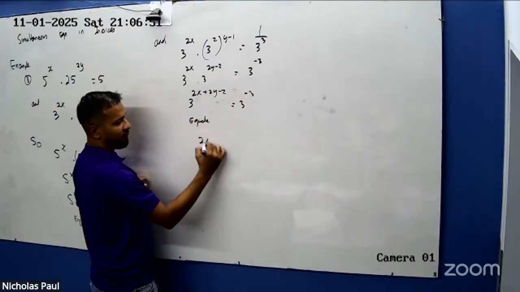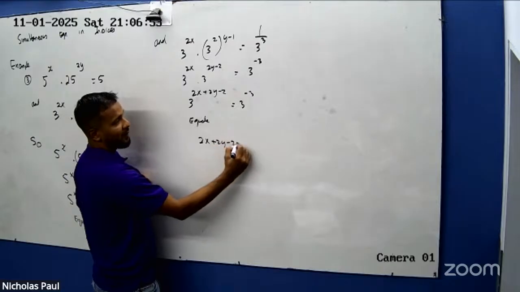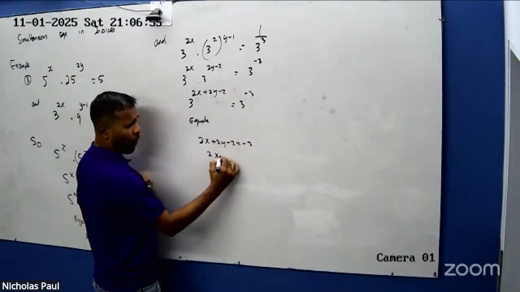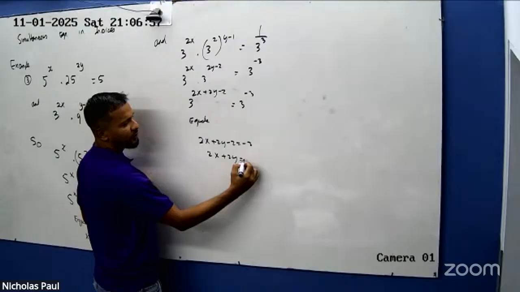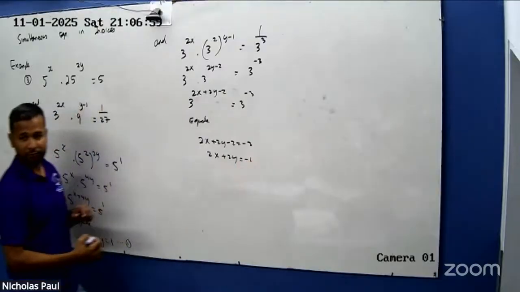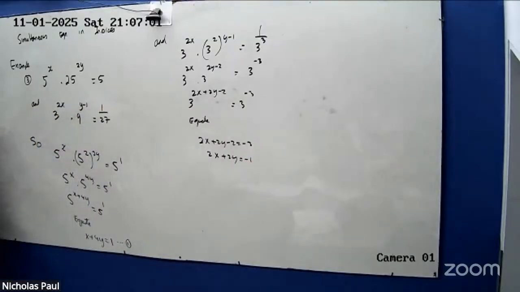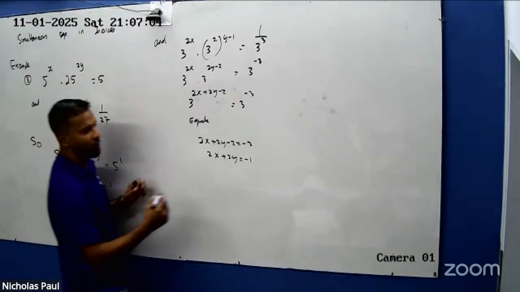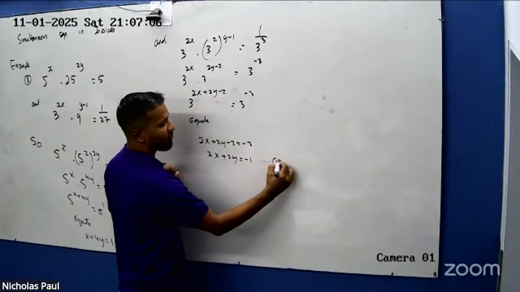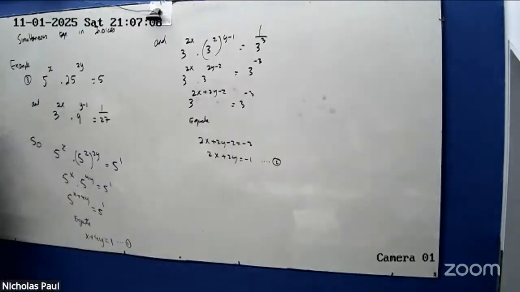So we'll get 2x plus 2y minus 2, or we'll get 2x plus 2y is minus 1. That's okay? Those are the two equations we're supposed to have. All right? Now, what to do? Make a subject here.